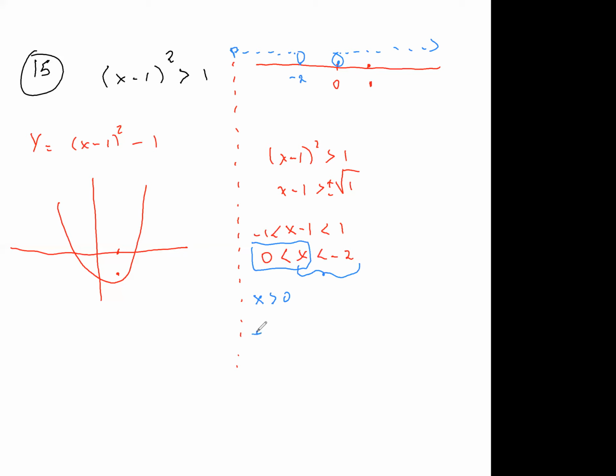So my solution for this inequality will be from -infinity to -2, union 0 to +infinity. If I want to check that it's true, I'm going to use the number 1 and substitute it in the equation. If I substitute 1 in the equation, we got 1 minus 1 is 0, and 0 is bigger than 1? No. So you say this part is true, this part is false, and this part is true.